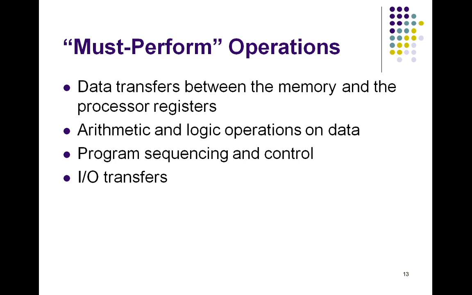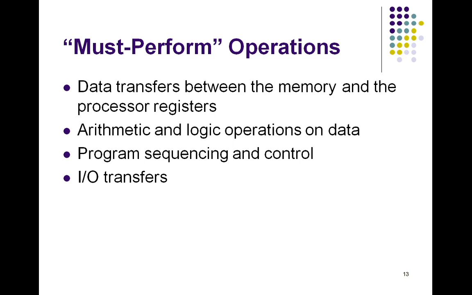Whichever instruction is executed by the computer should perform these four operations. First one is data transfer between the memory and the processor registers. Second one is arithmetic and logic operations on data. The third one is program sequencing and control. And the last one is I/O transfers.